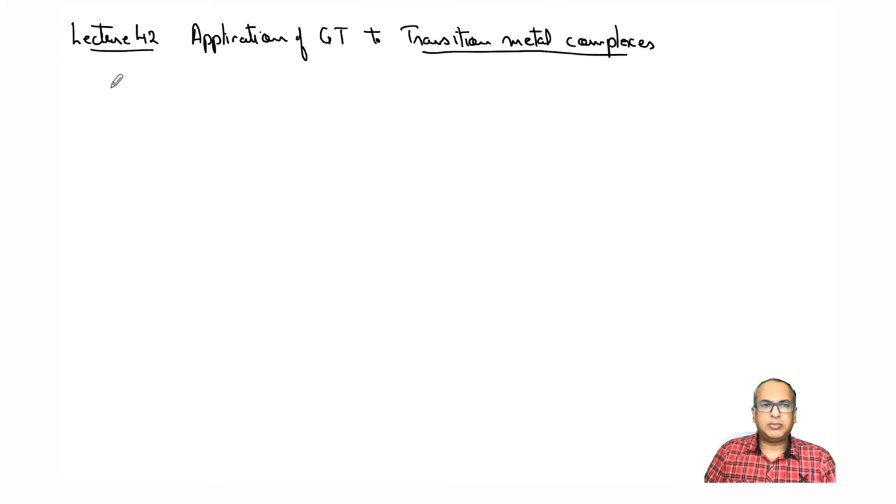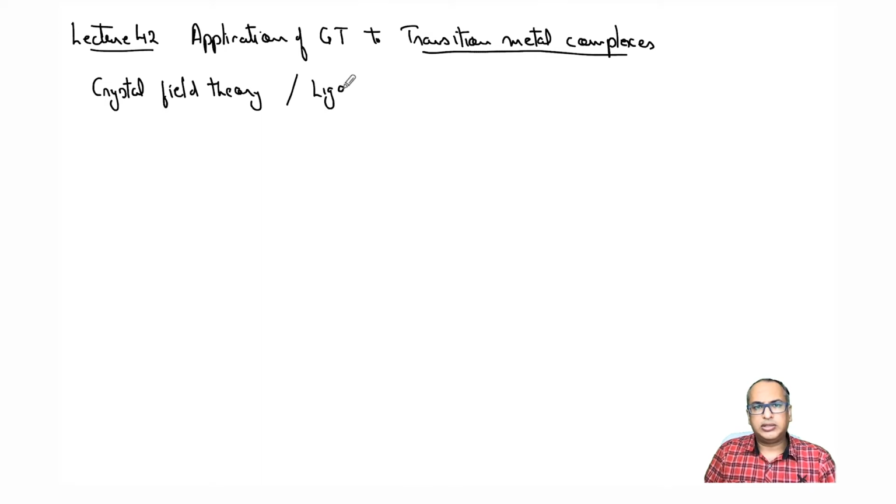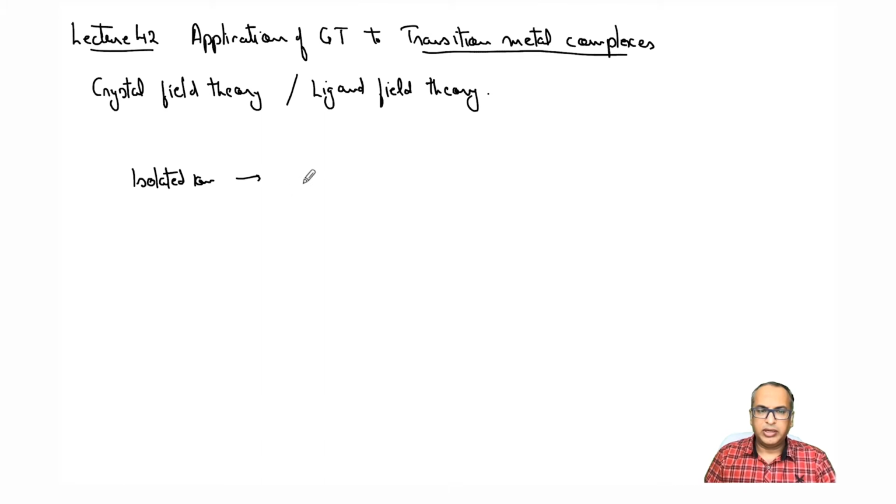Now this is explained typically by crystal field theory, or the updated version of that, ligand field theory, where we'll see what the differences are. Okay, so how did the discussion start with crystal field? If you take an isolated ion, and if the symmetry of the surroundings is taken into consideration.